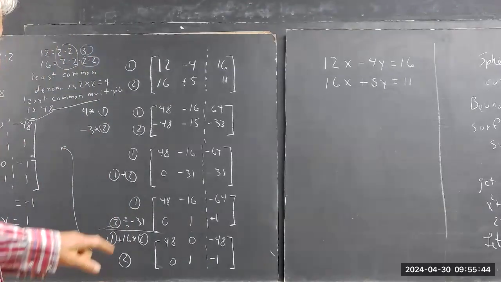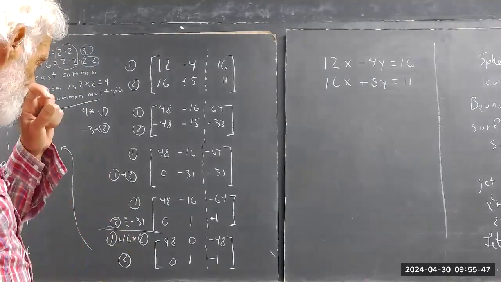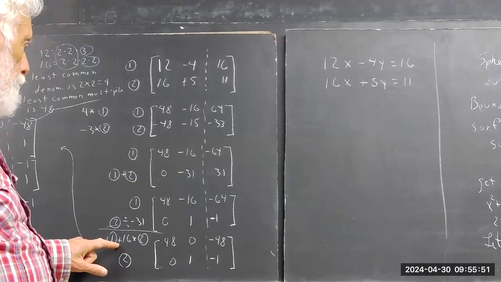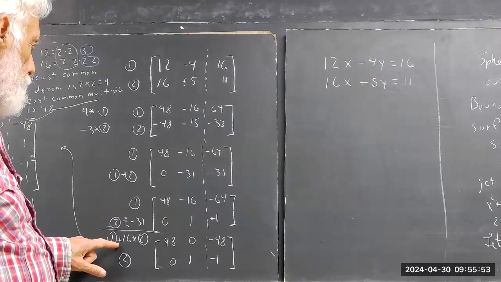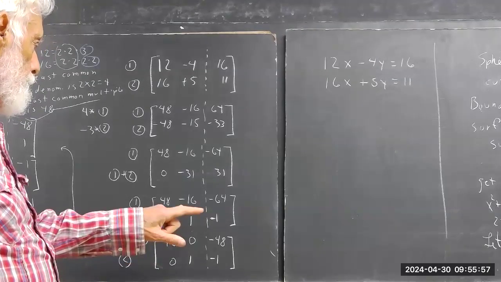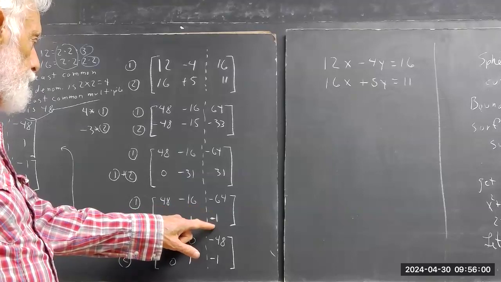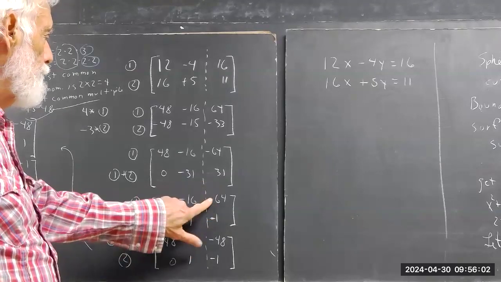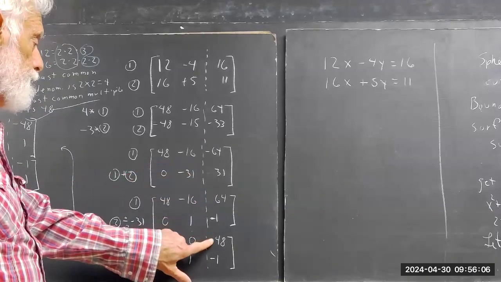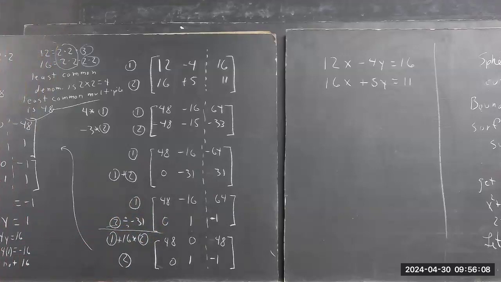And now when I add 16 times row 2 to row 1, I'm going to have 16 times -1, which is -16. 64 is positive. -16 and 64 gives me 48. So this is actually pretty easy to correct with just a little cross-outs.